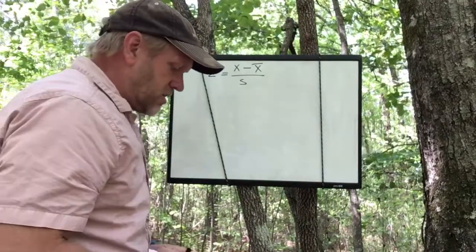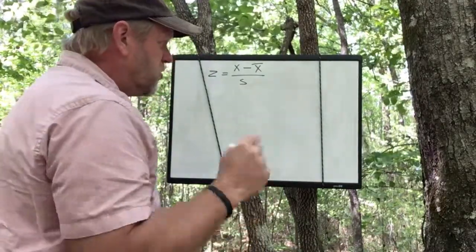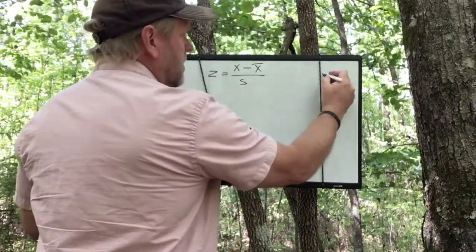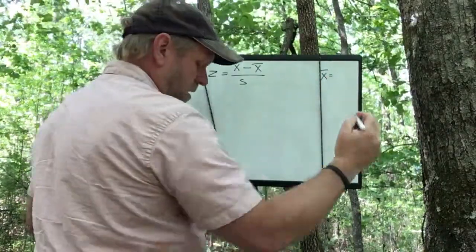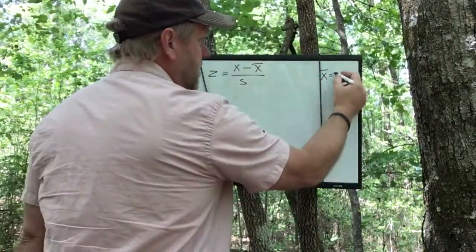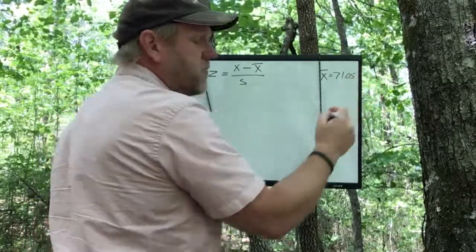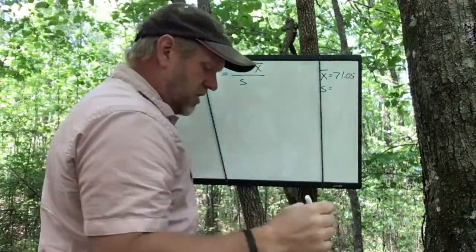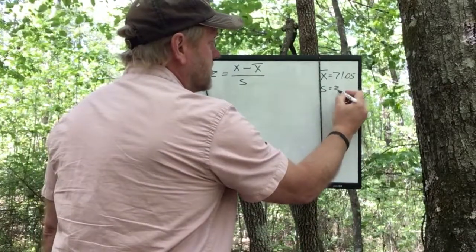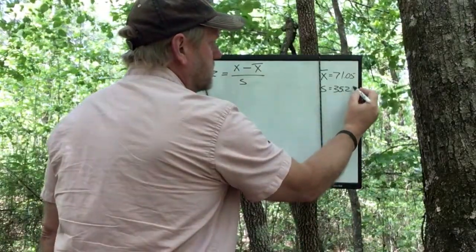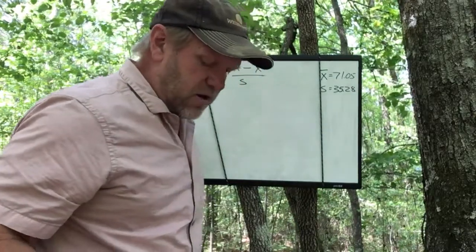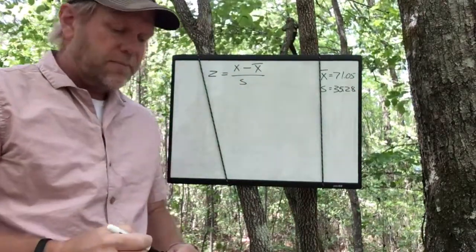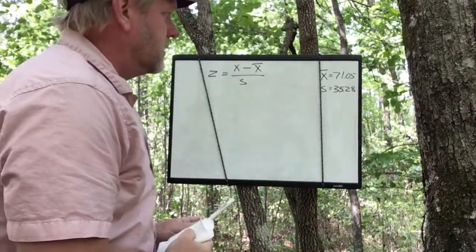If you remember from the data that we collected, our x bar, the mean, was 71.05 when it came to looking at my trees. The standard deviation that we calculated was 35.28. That was our standard deviation for the data that we had.